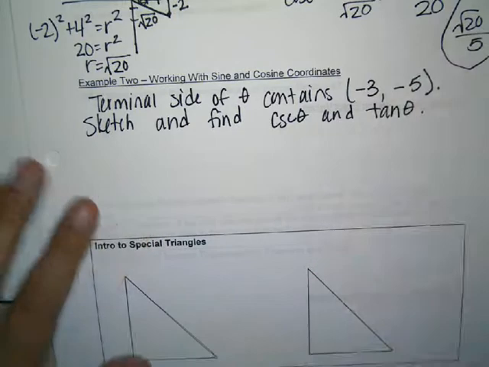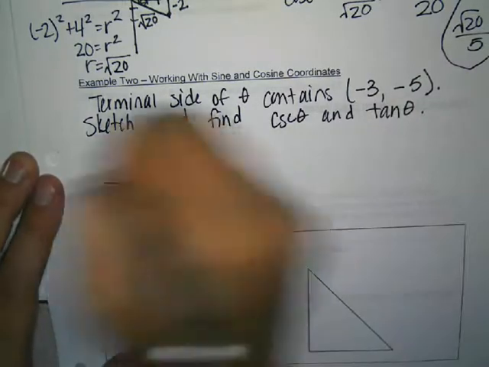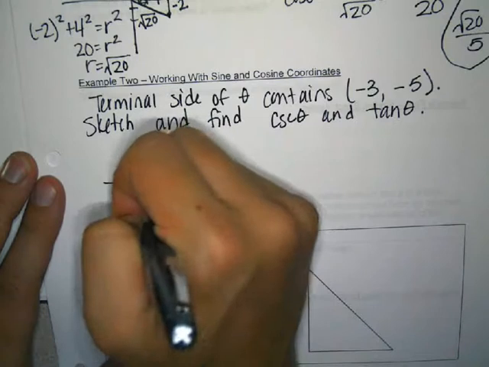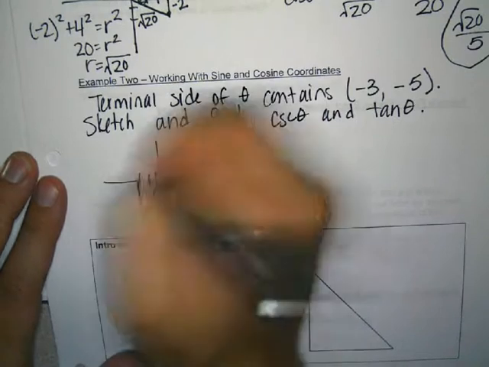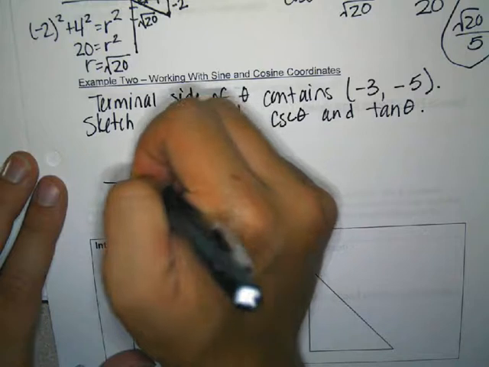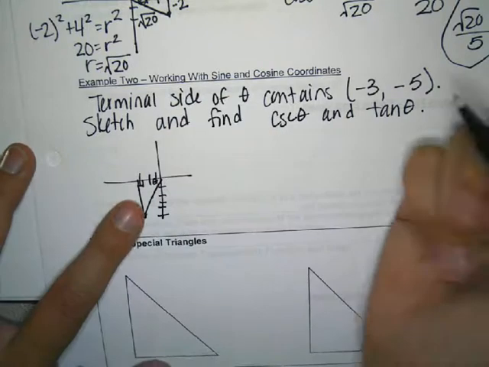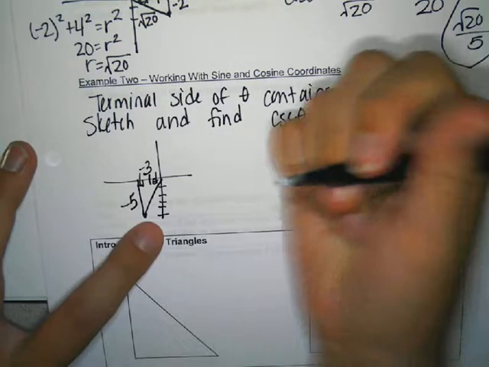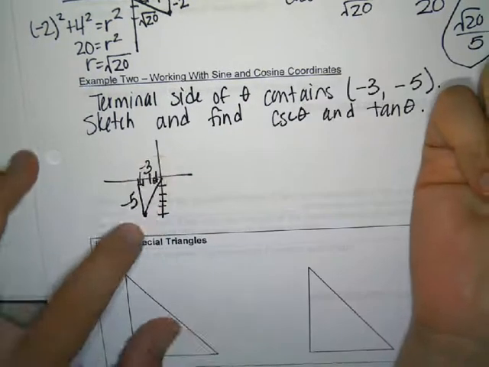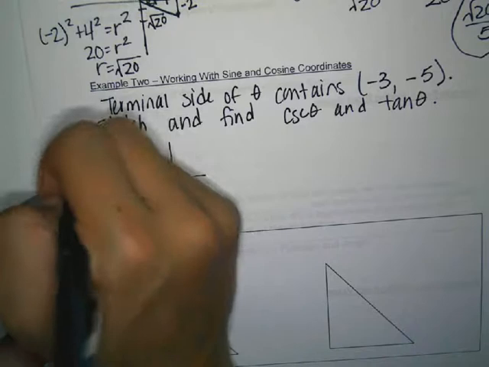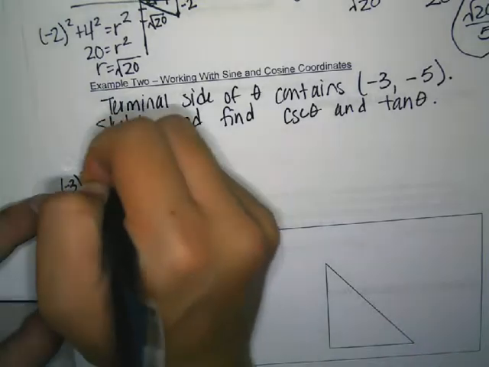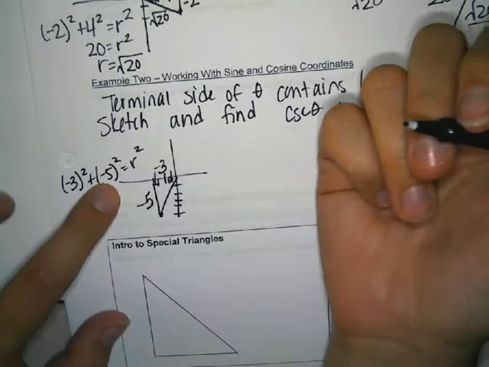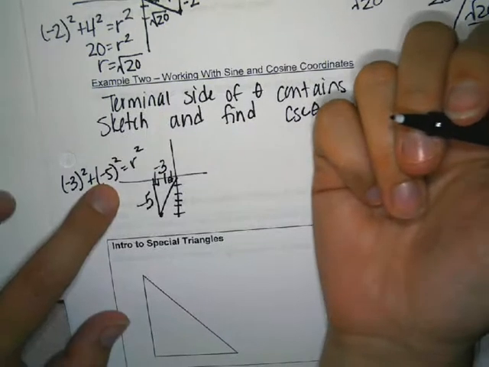Okay, so we're going to plot these points again. 1, 2, 3, 1, 2, 3, 4, 5. Draw your reference triangle. Here's your theta. I know this side value is -3, this side value is -5. And then your hypotenuse here would end up being 9 plus 25, which is 34.